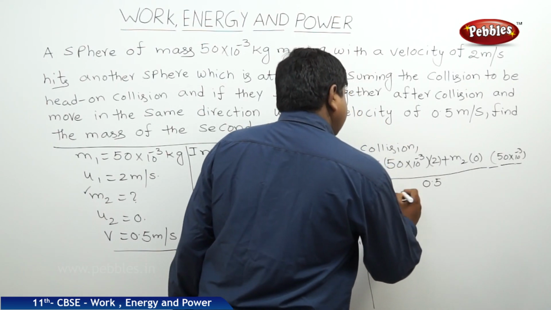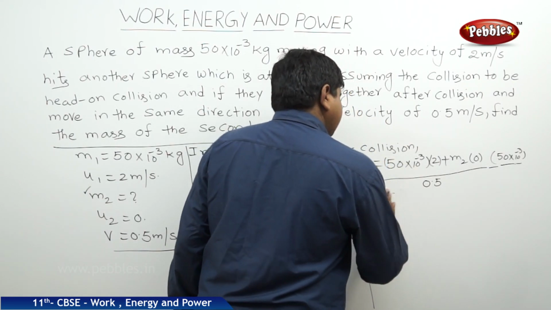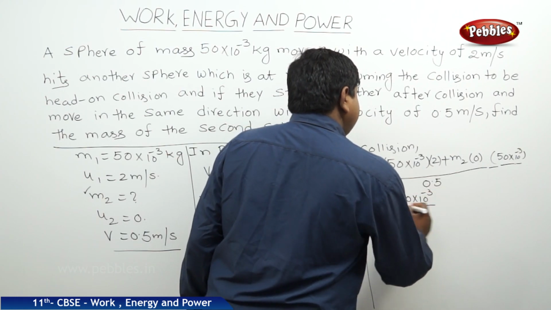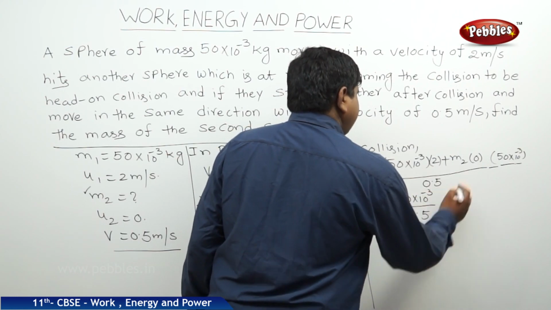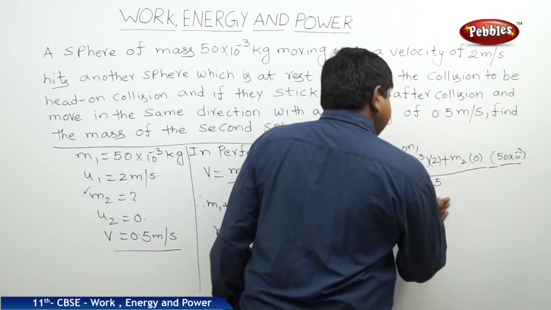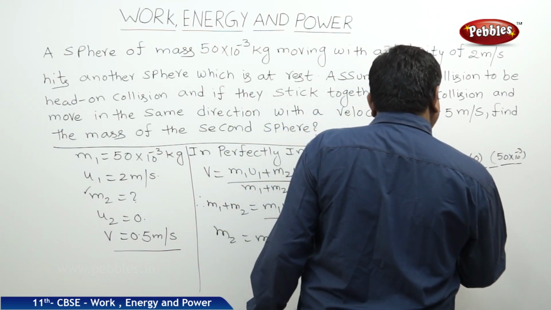So this will be 50 into 2, 100. So 100 into 10 to the power of minus 3 by 0.5, and m2 into 0 will be 0, minus 50 into 10 to the power of minus 3.